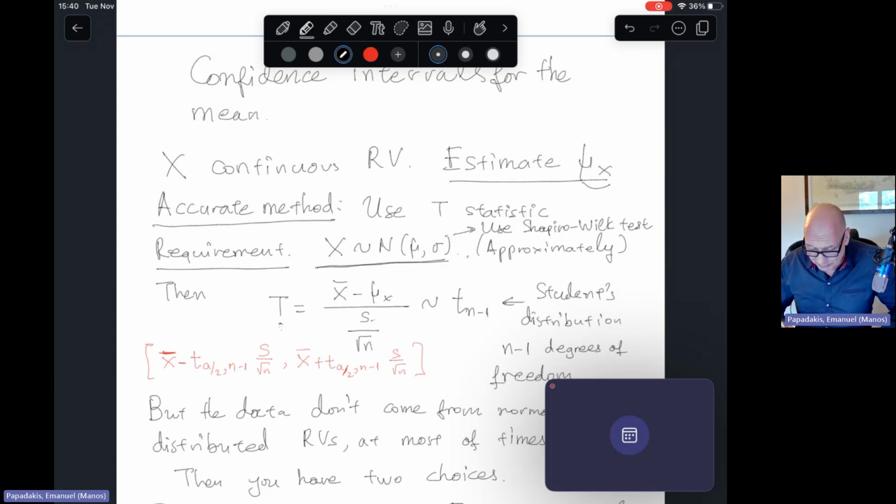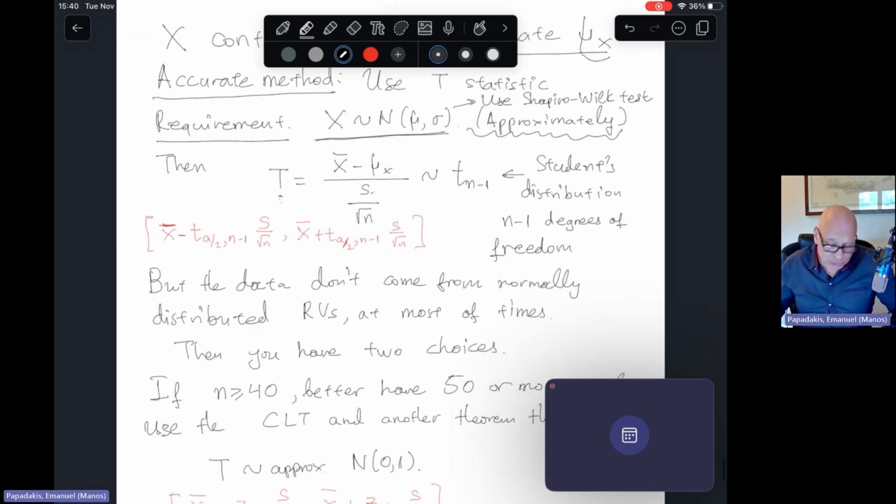So always we mean that this should be taken with a sufficient grain of salt. That's why we say that in practice, X must have approximately normal distribution. And I will show you an example of what I mean later on. Actually, today I'm going to show you pathological examples.